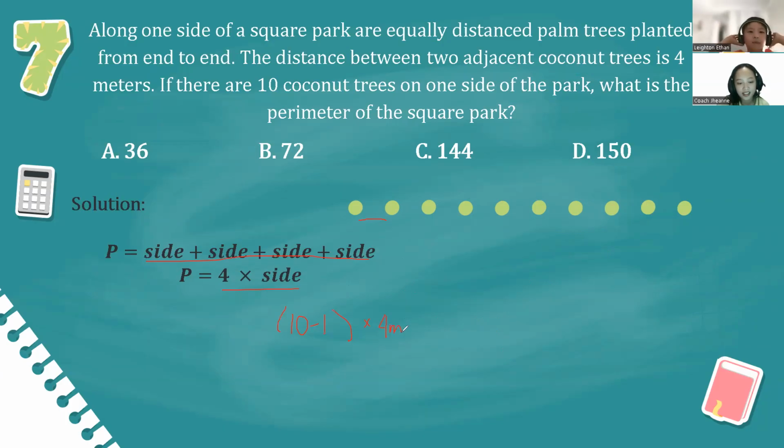This is not 4 sides yet. 9 times 4 is equal to 36.